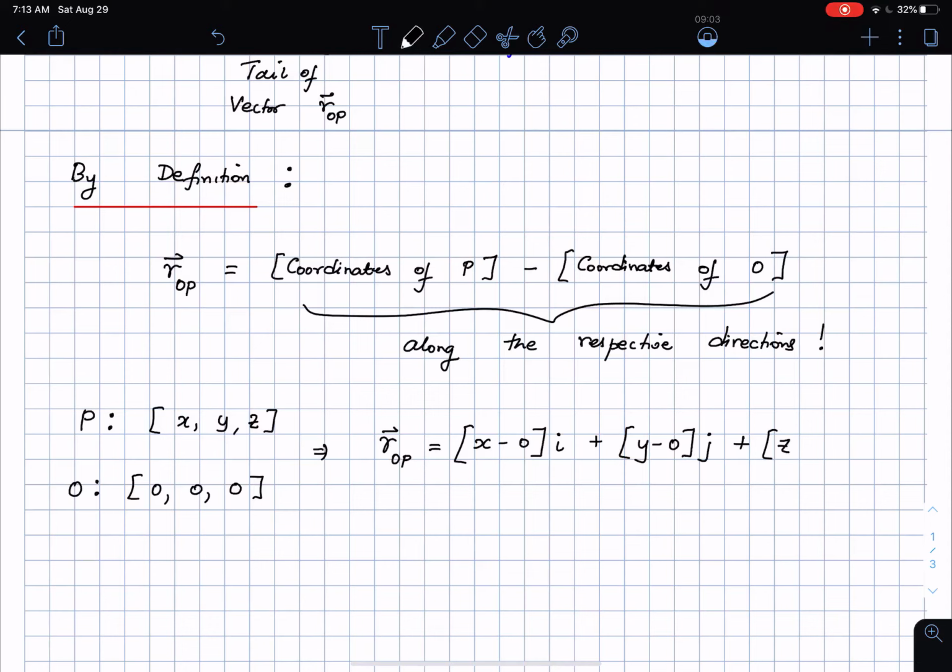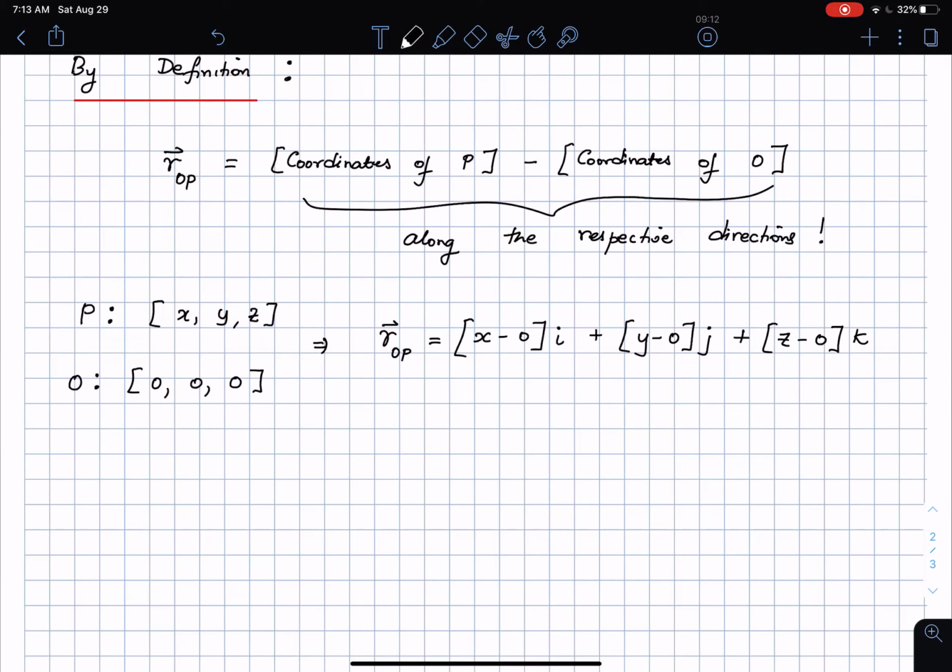The z coordinate of P minus the z coordinate of O times the unit vector in that particular direction. Okay, and this is obviously going to tell you that ROP, because it's x minus 0, is going to be x in the i direction, y in the j direction, and then z in the k direction.